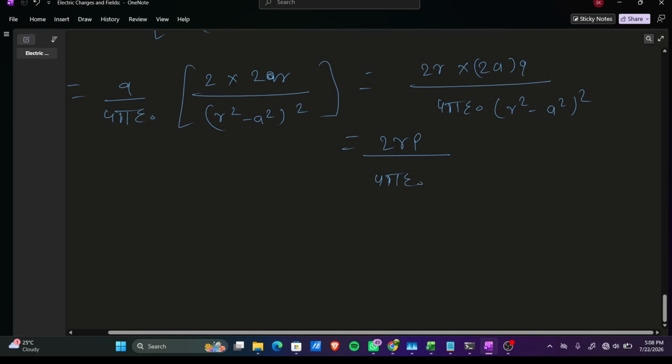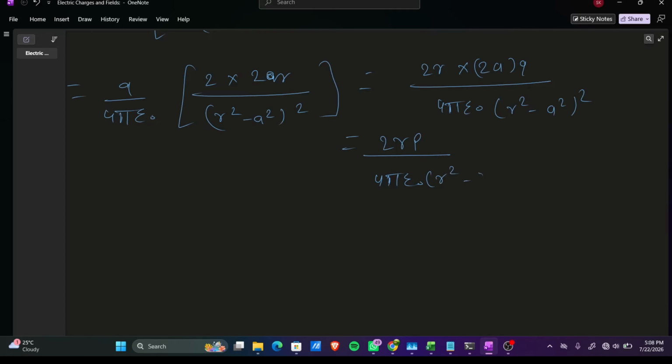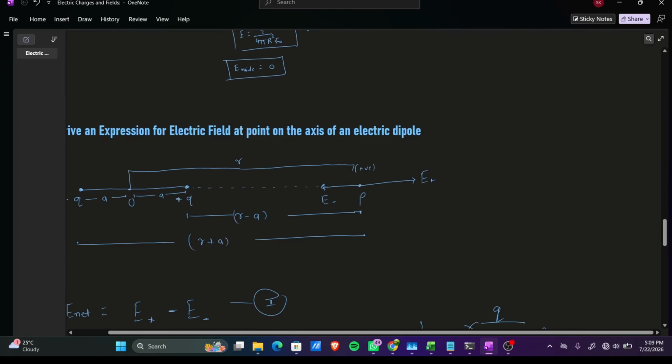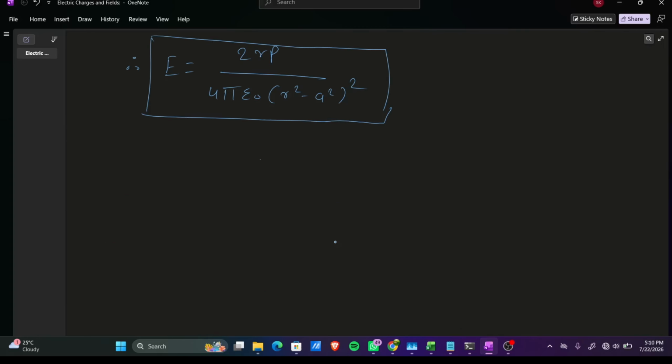So this is the expression we got: 2rp upon 4 pi epsilon naught (r square minus a square) the whole square. And this is the formula for the electric field on the axial point due to this electric dipole. Hope this is clear. Now we will take some cases on this formula.